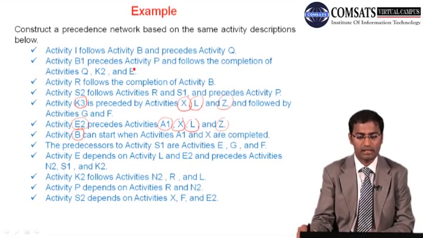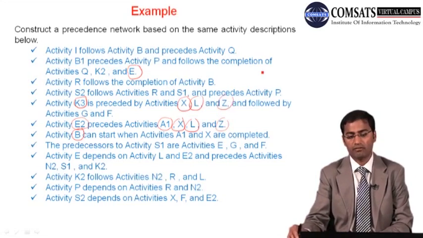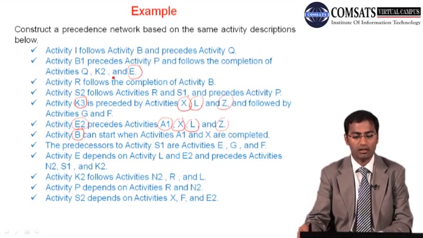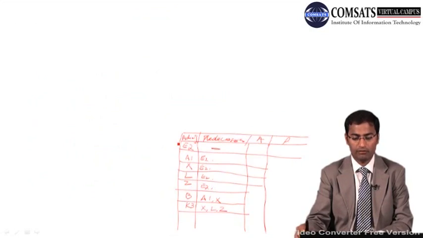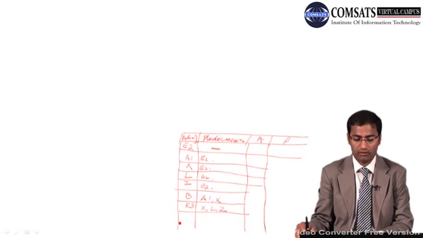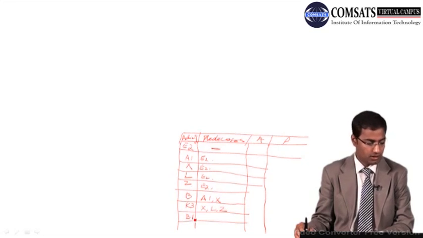Okay, where is E? This is E, and this activity precedes activity P and follows the completion of activity Q, K2, and E. So B1 is dependent on Q, K2, and E. B1 is given over there. So P1.